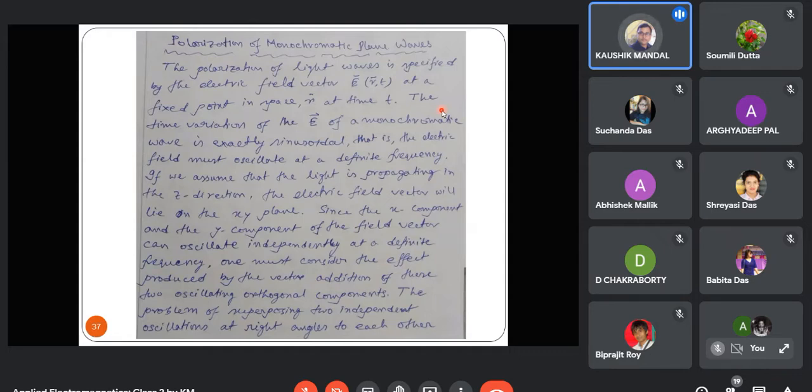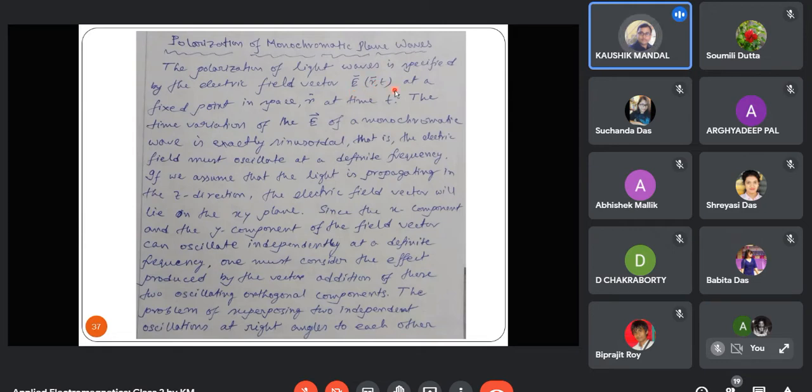Now, as an electromagnetic wave, we considered the light wave, and suppose the corresponding electric field vector is defined with this particular term, E(r,t), the electric field vector of the light wave or electromagnetic wave. r is the position vector, t is the time.